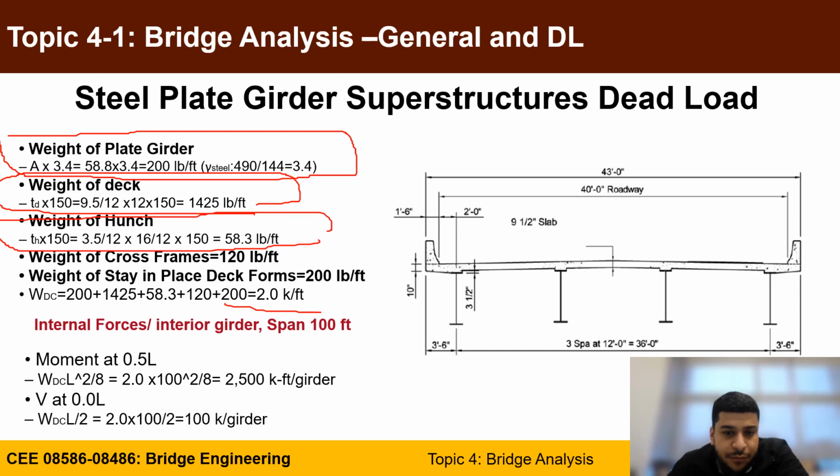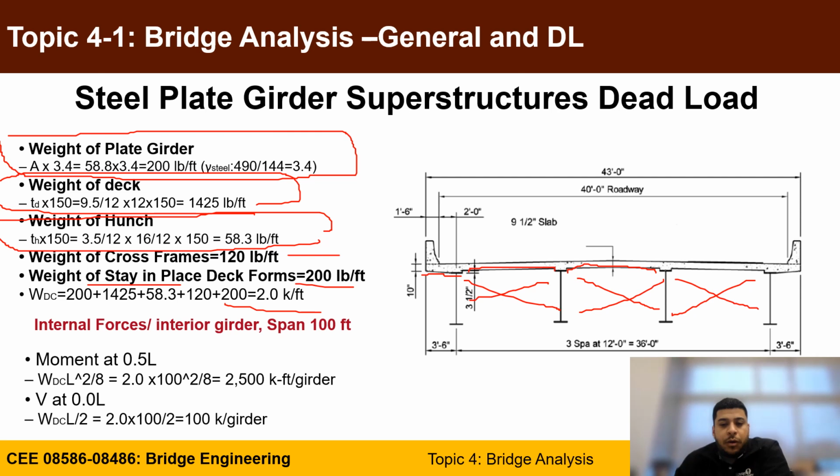We also will have cross frames between the girders, which we can assume as 120 pounds per linear foot, and also stay-in-place forms for the bottom of the slab or bridge deck, which is a steel form that could be 200 pounds per linear foot as an assumption for now. You add them up, you get 2,000 pounds per linear foot, or 2 kips per linear foot.